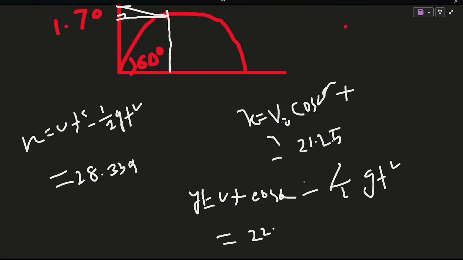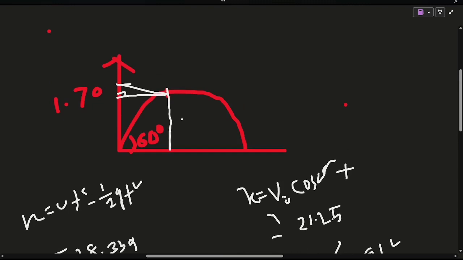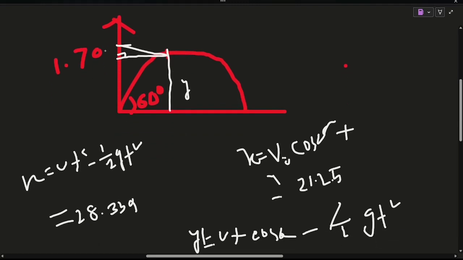And this is y, 22.65, and all of them 20, and that is 5.69.